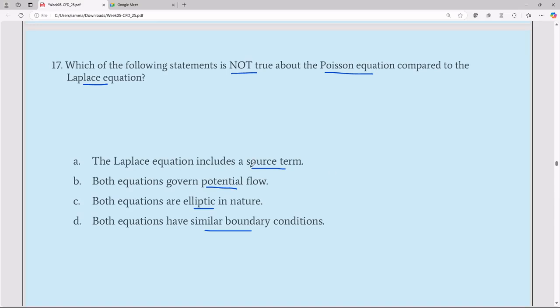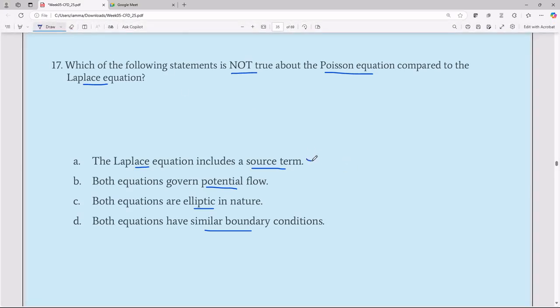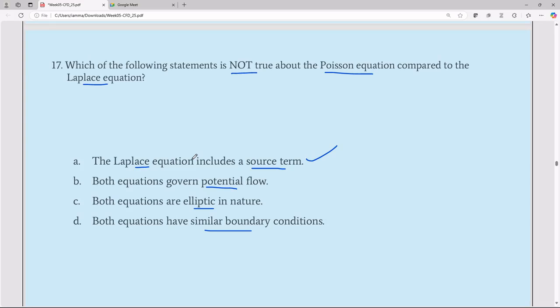From the options itself, we can understand the question is about what is not true about the Poisson equation. The first option is talking about the Laplace equation, and that is wrong, so we can choose this option. It is only saying something about the Laplace equation, and the Laplace equation does not have a source term, as we have discussed in previous questions.